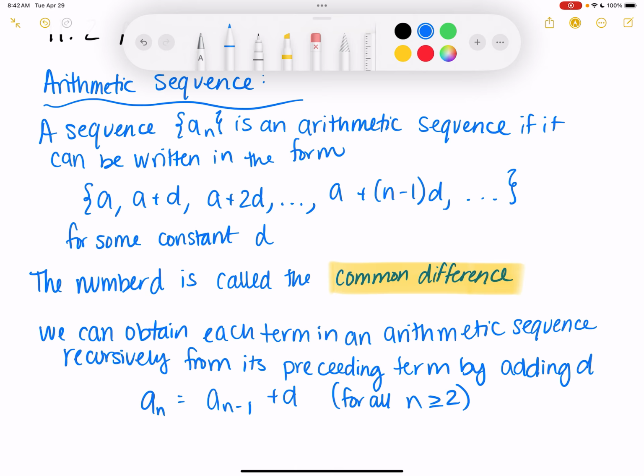So this one basically requires that we know the previous term and that we add the common difference to that.